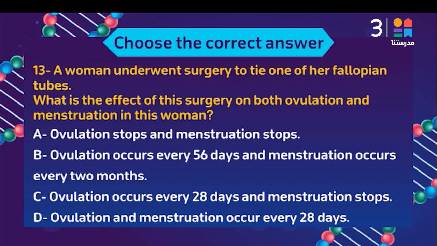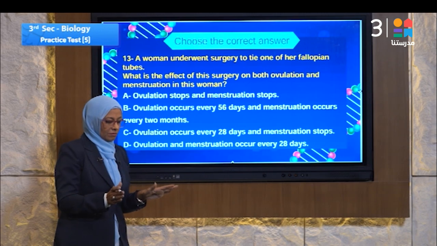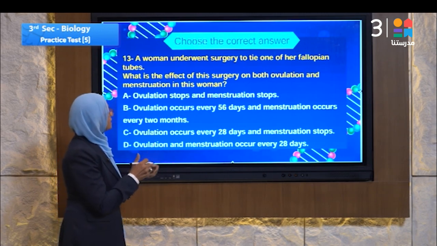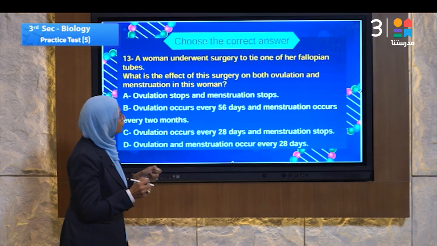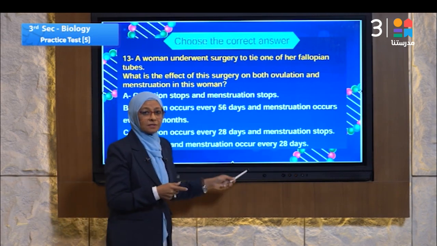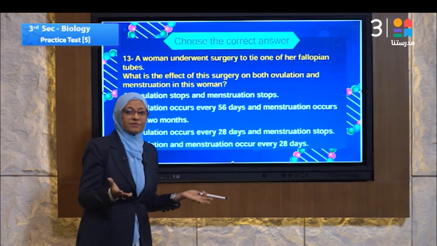The effect of this surgery, tying the fallopian tube, on both ovulation and menstruation in this woman. Now we think: when we tie the fallopian tube, is ovulation affected?